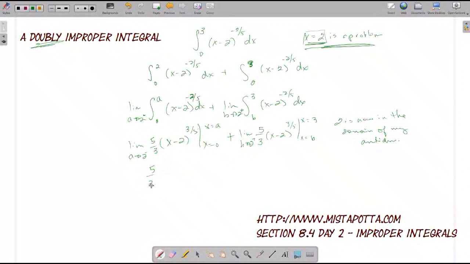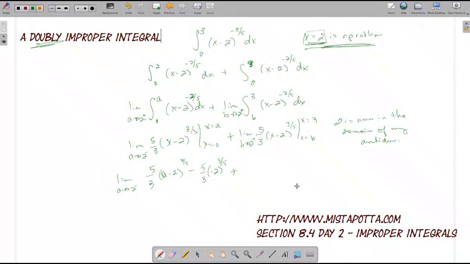Technically I am still taking the limit as a approaches 2 from the left, but this is going to be 5/3 times a minus 2 to the 3/5, minus 5/3 times negative 2 to the 3/5.